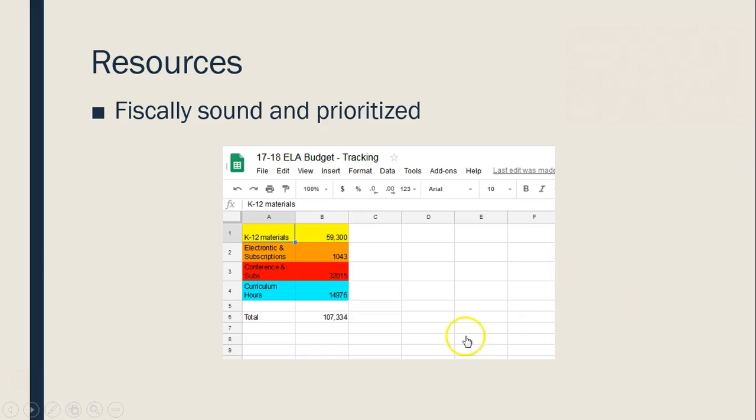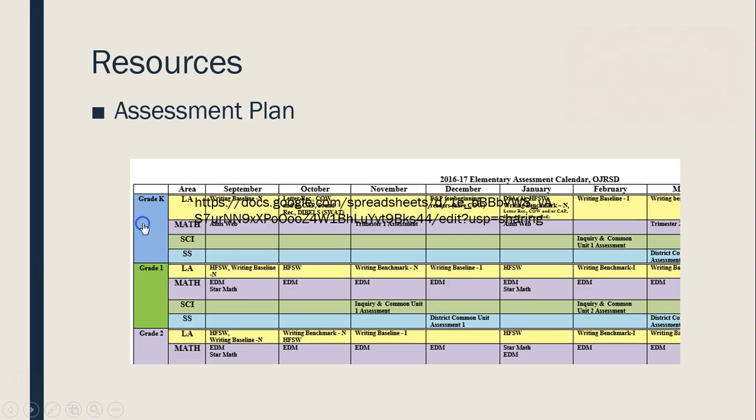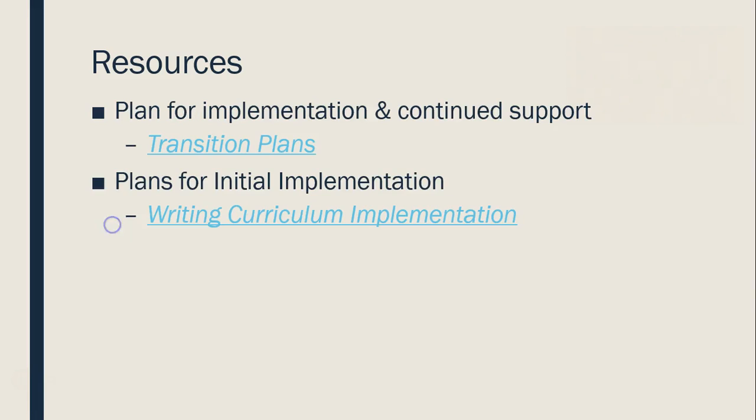That's something you're going to want to be thinking about, being fiscally sound, because if you're not tracking it and you don't plan for it, you can't just go buying things without really having a plan for it. I already mentioned the assessment plan. Again, money will come along with that as well. There are also some transition plans that I will take you to.